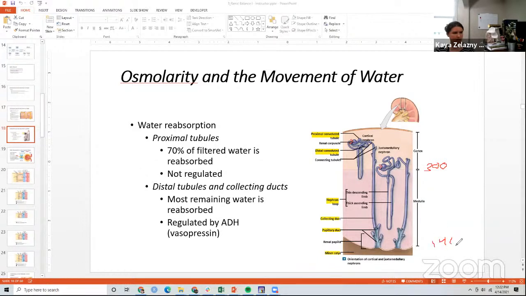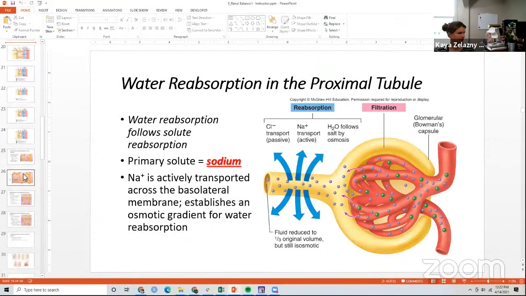The reason we do this is that as our fluid gets more and more concentrated going through the collecting duct, we have super concentrated fluid. We want to keep being able to absorb water if we have ADH present, but in order to do that, we would still need a gradient available, which is why we create this gradient in the medulla.